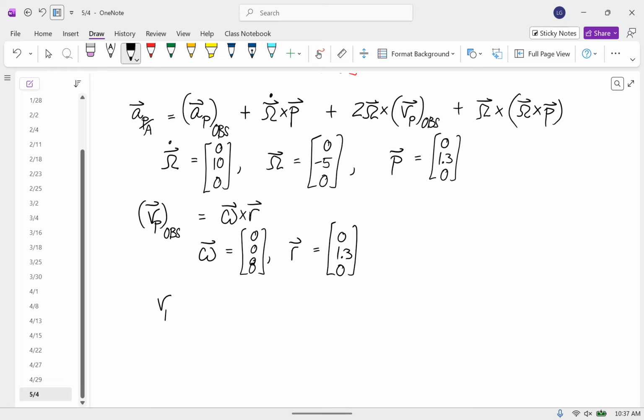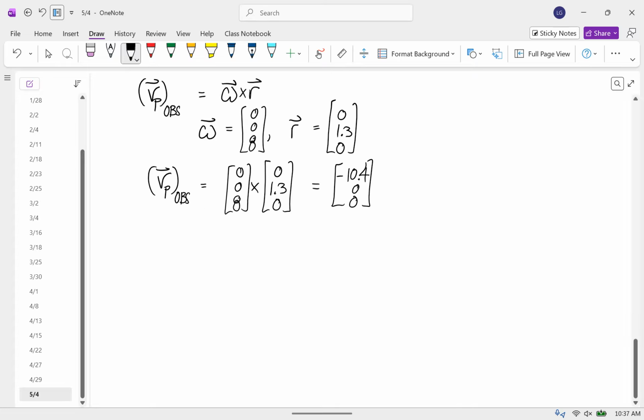Okay, so the velocity that's observed is 0, 0, 8 crossed with 0, 1.30, and that comes out to be negative 10.4, 0, 0.